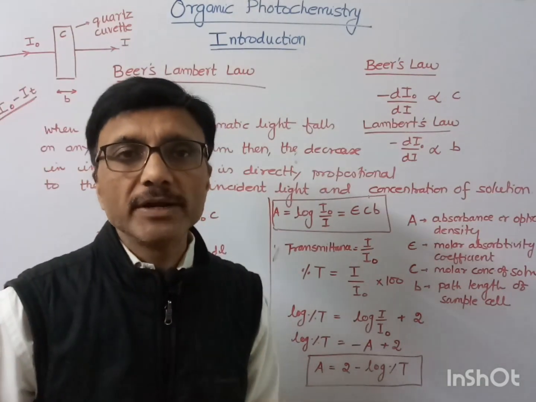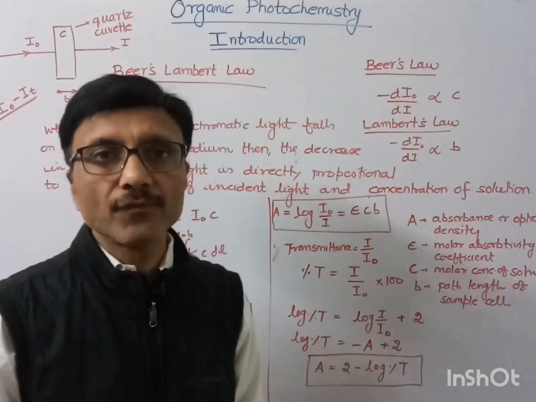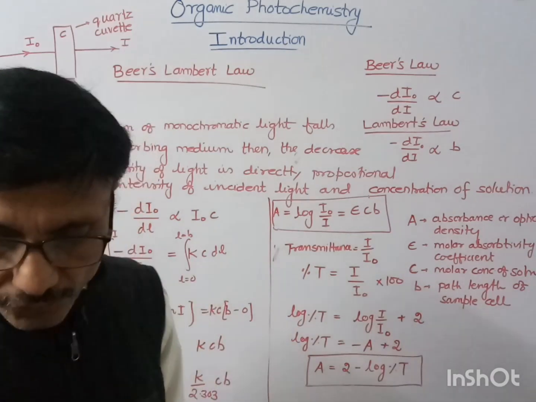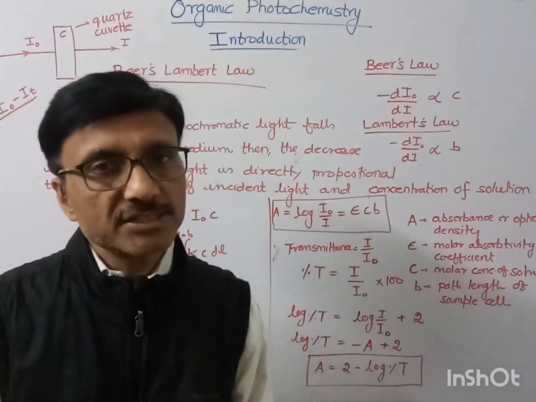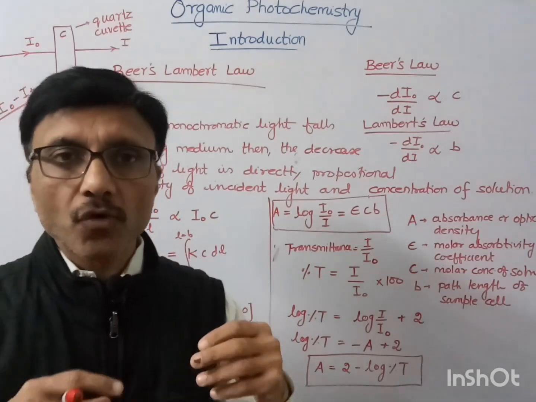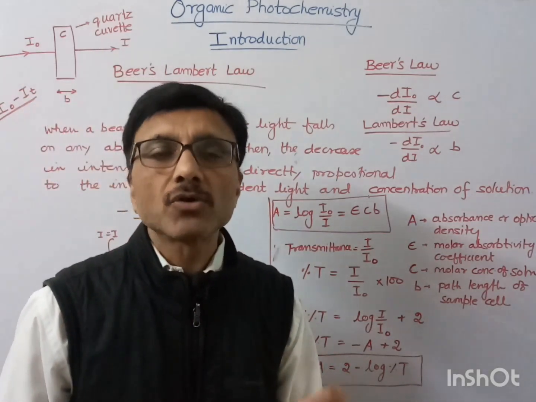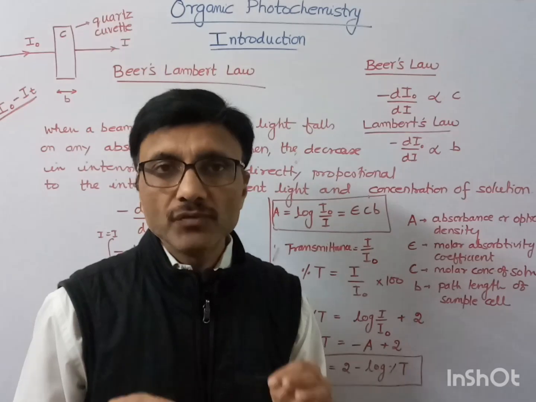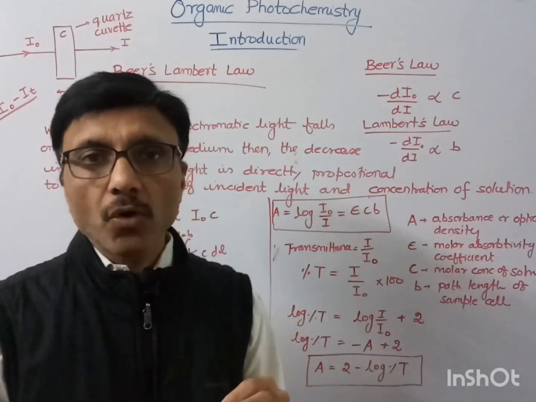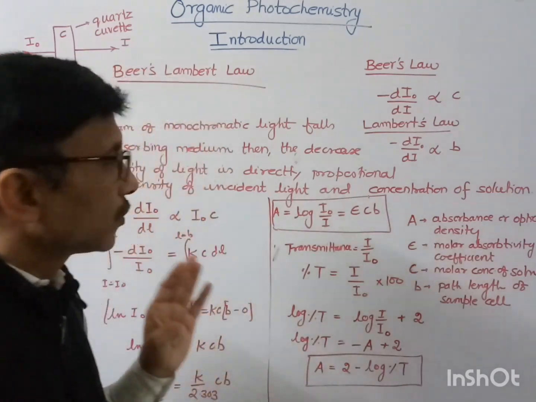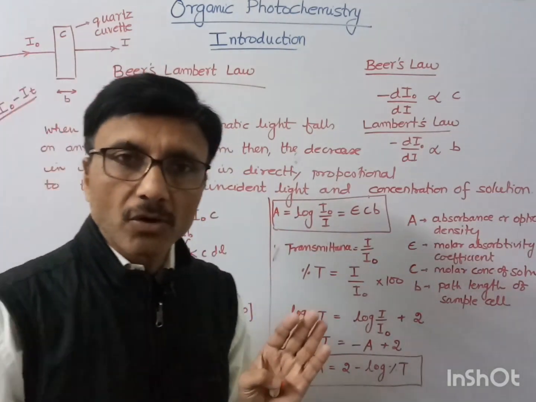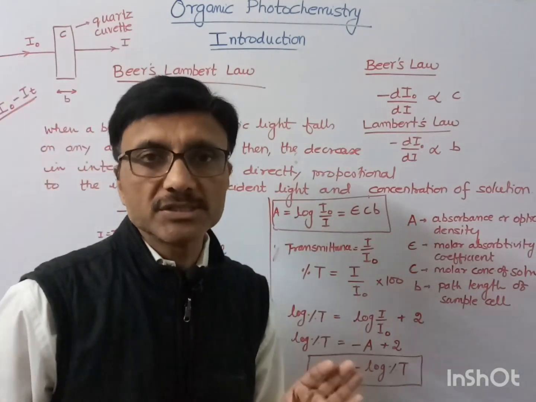It is not obeyed when a solution is concentrated, because in concentrated form some association of solute molecules or formation of complexes takes place, and that will not give you the UV-visible spectra of the original solute molecule. So it is only applicable if your solution is dilute.